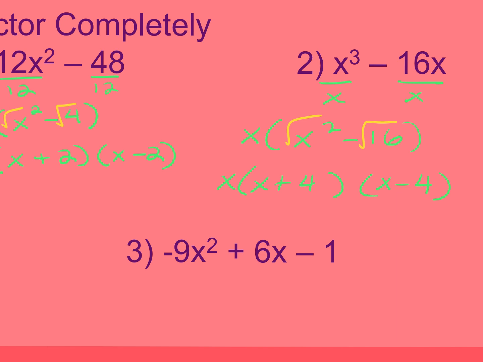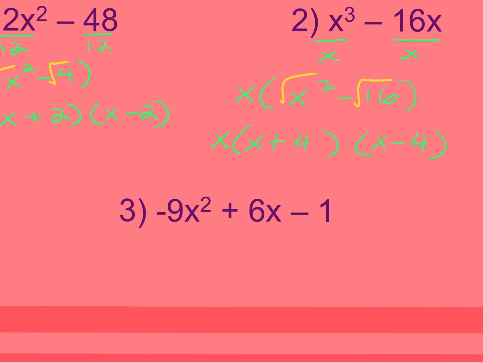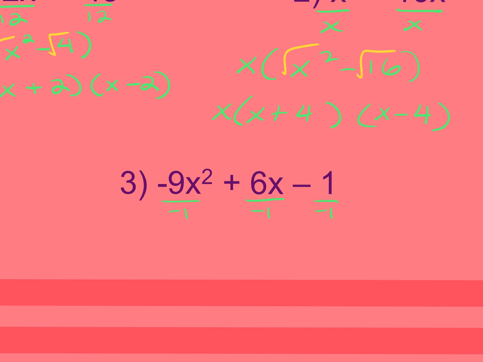For number 3, we need to make that x squared term, that 9x squared, positive. So I need to factor out a -1 GCF first. So I'm going to divide everything by -1 because that's the only GCF I can divide. And then after I divide it, all of the signs turn opposite.